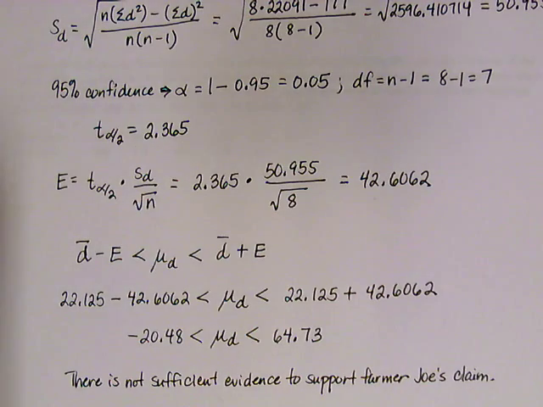And his claim was that type 1 seed is better than type 2 seed. But here, our confidence interval has 0 in it. The lower limit is negative, the upper limit is positive, so that means 0 is included.